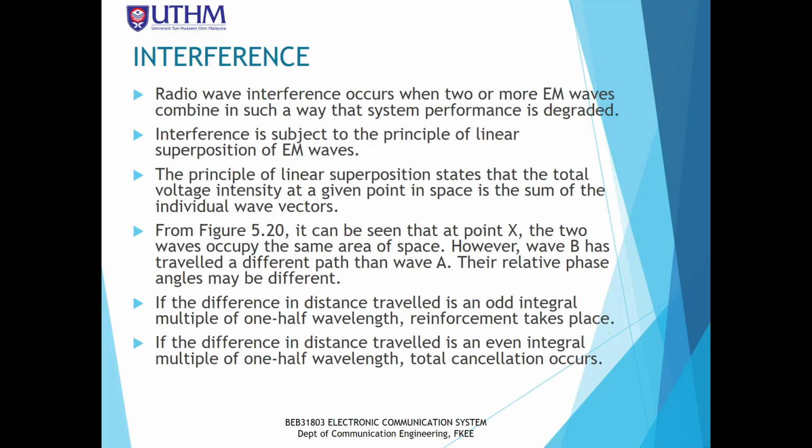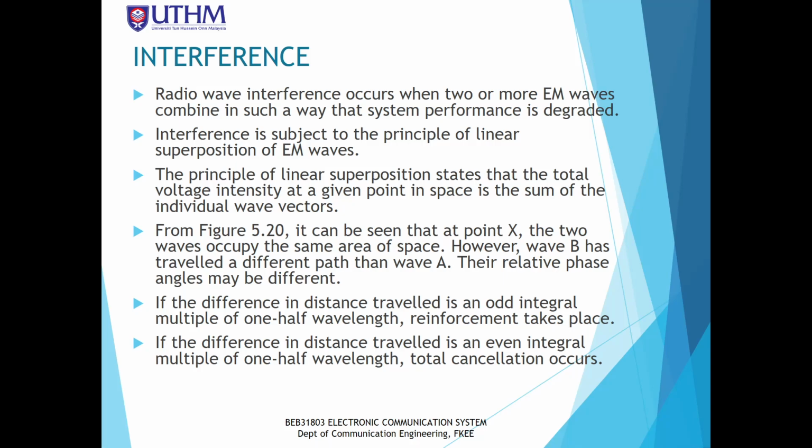Okay, kesan daripada interference ini mengakibatkan receiver gagal untuk melakukan proses demodulation untuk mendapatkan signal yang asal. So the receiver will be unable to differentiate which signal is which. Dia tidak dapat nak membezakan. So we try to avoid the same frequency.